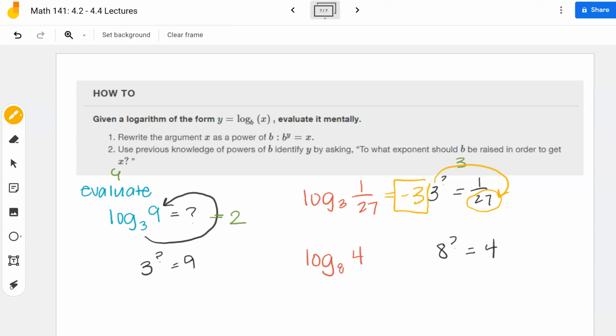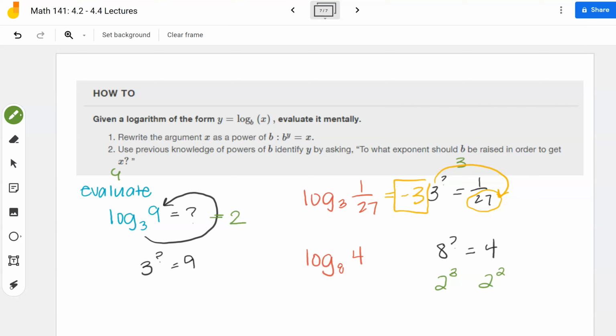That doesn't work as well. We know that half of 8 is 4, but that's not a power, that's a multiply. So we might have to think about what 8 and 4 have in common. 8 is 2 to the third power, and 4 is 2 squared. So if I could make 8 into 2, this would be a much simpler problem.